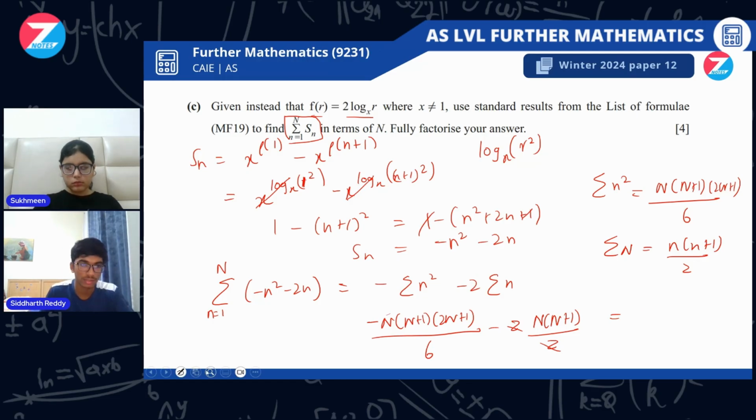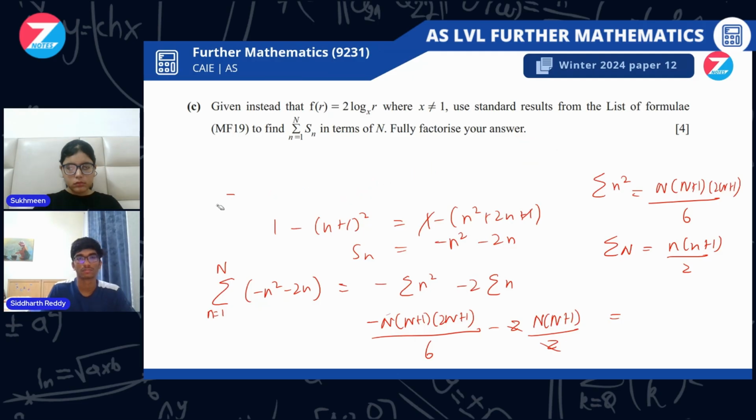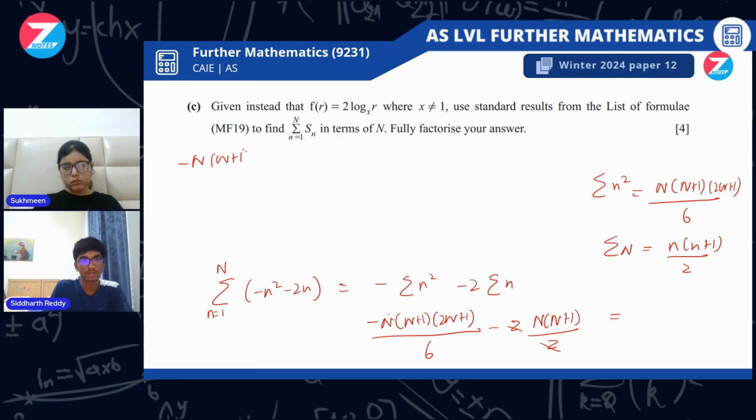So we're left with, let me erase some things. So we have here minus n into n plus 1 into 2n plus 1 by 6 minus n into n plus 1. So we can multiply the numerator and denominator by 6.